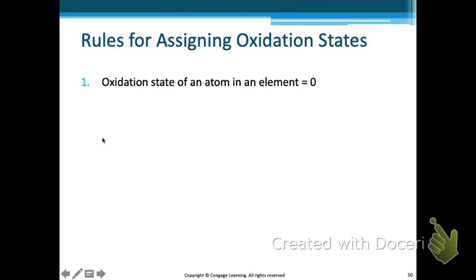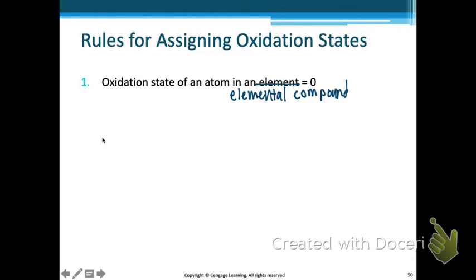Oxidation state of an atom in an element. This is not a very good definition your book gave, sorry. Let's rewrite this a little bit: oxidation state of an atom in an elemental compound.